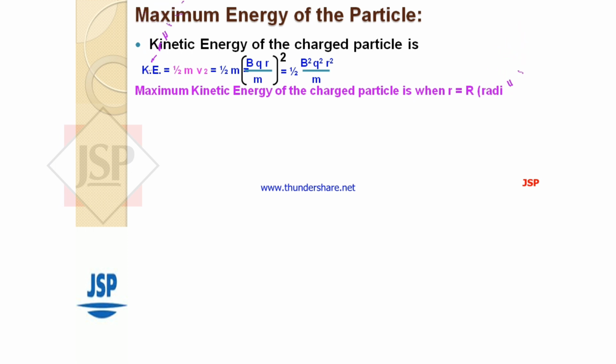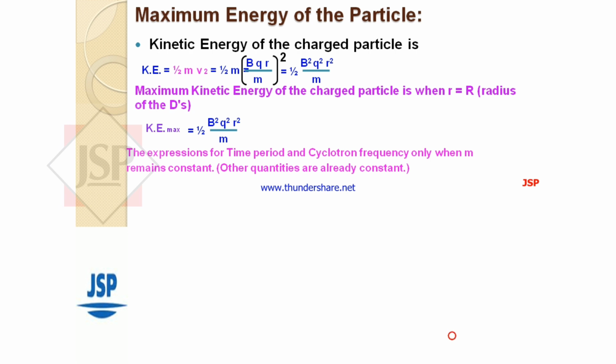The expressions for time period and cyclotron frequency hold only when m remains constant. Other quantities are already constant, but m varies with v according to Einstein's relativistic principles, that is m = m₀/[1 − v²/c²]^(1/2).